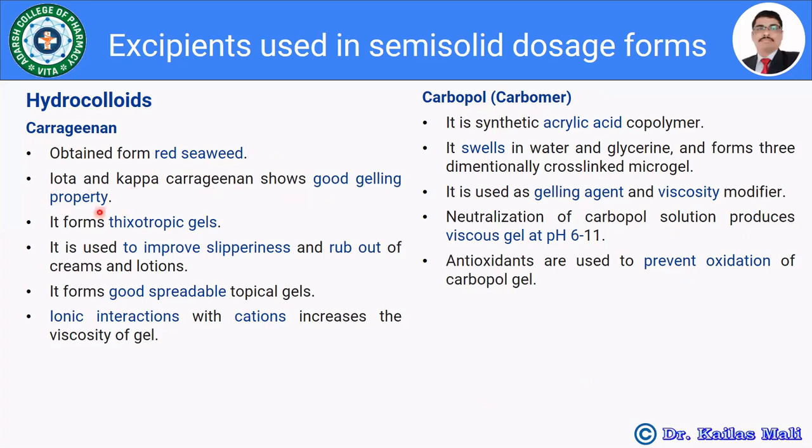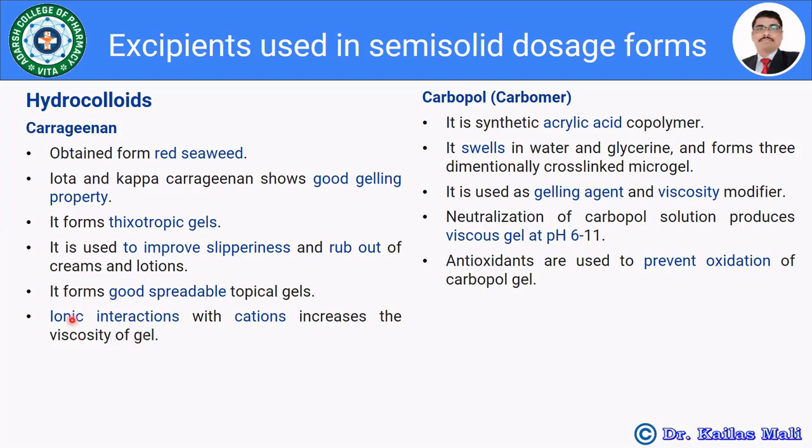Some other grades of the carrageenans are available, but from that, the iota and kappa carrageenan show the good gelling property. It forms a thixotropic gel. It is used to improve the slipperiness and rub-out of creams and lotions. So it forms a good spreadable topical gel.